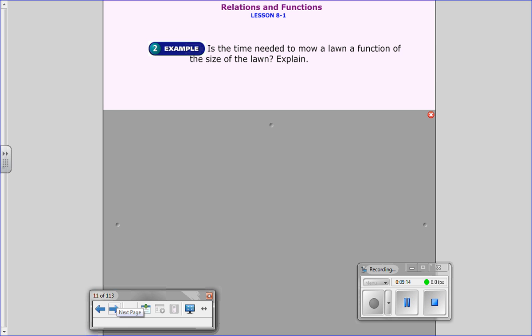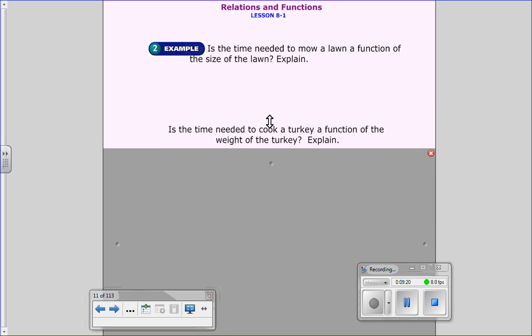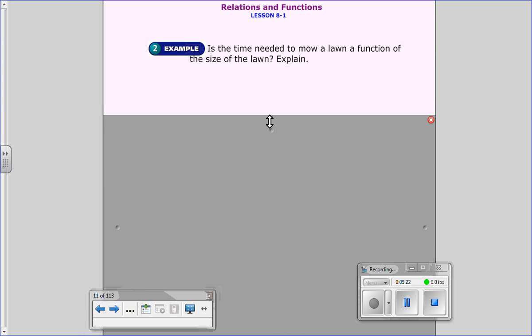So here, is the time needed to mow a lawn a function of the size of the lawn? Explain. So here, if we're thinking about mowing some lawns, you would think, well, with a small lawn, maybe it would only take an hour or two. And with a bigger lawn, you'd say, well, it'd probably take a little longer. But then you have to think of maybe all the little things that can make a difference.